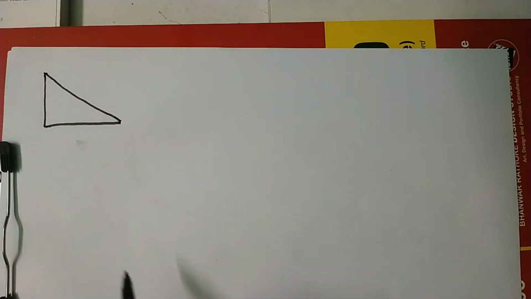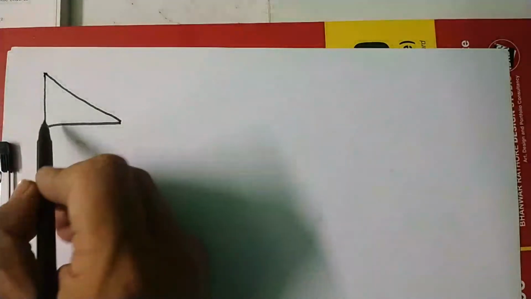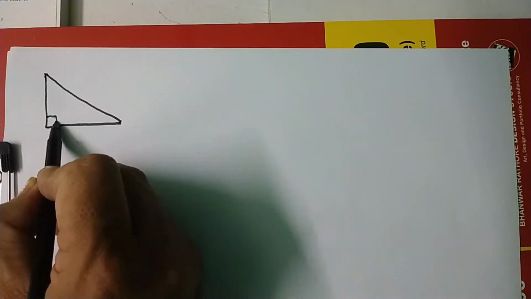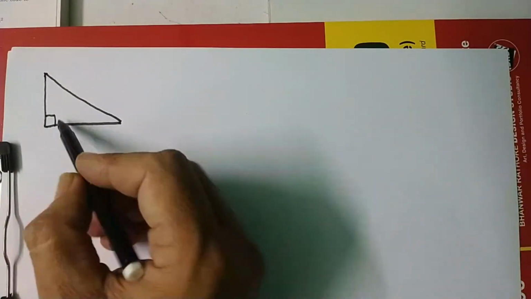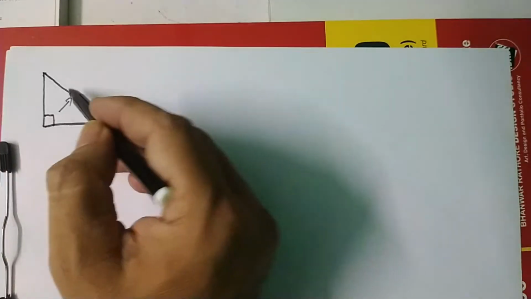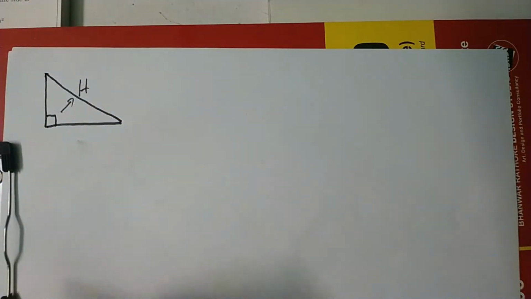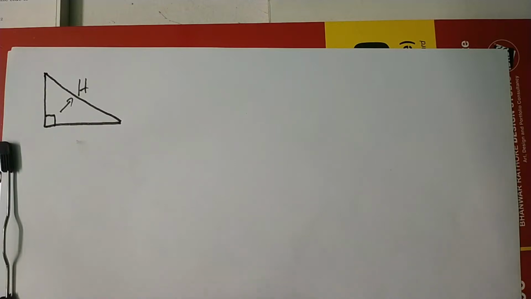So in a right angle triangle, let's quickly do it. This is a 90-degree angle, and the side which is opposite to 90-degree is called the hypotenuse. Even if you know it, let's quickly revise and we will do the questions.